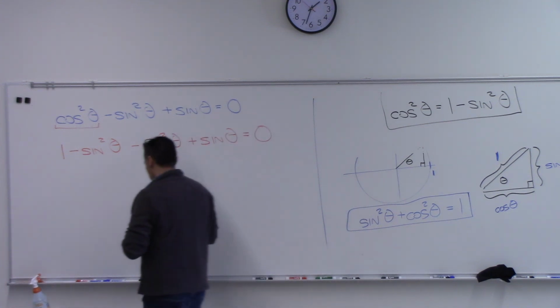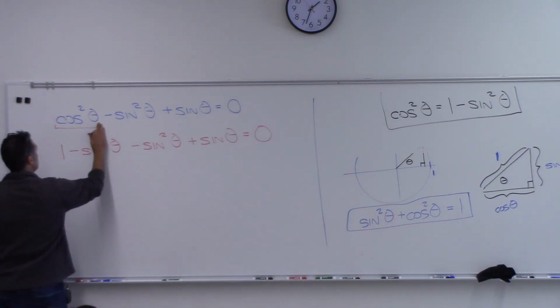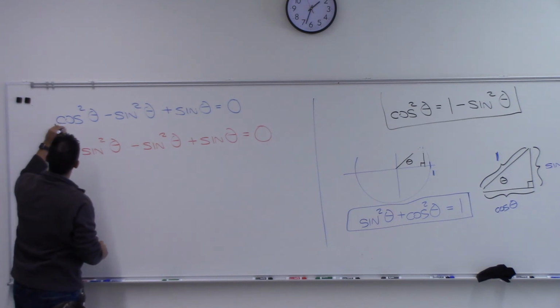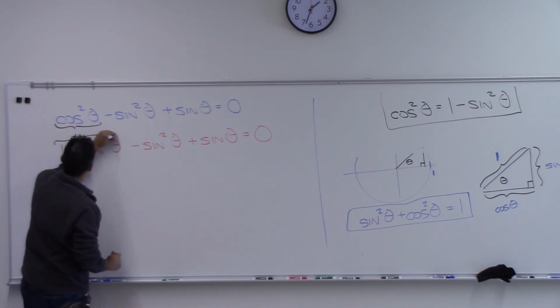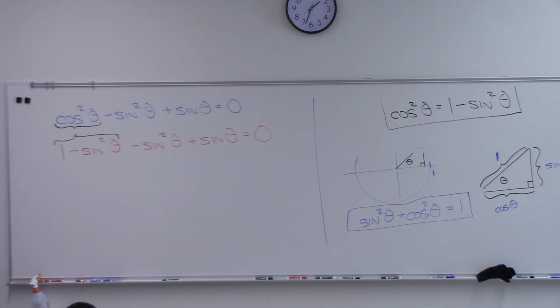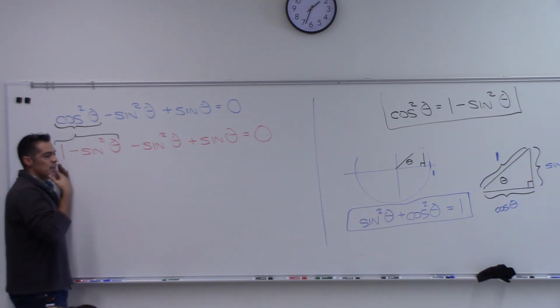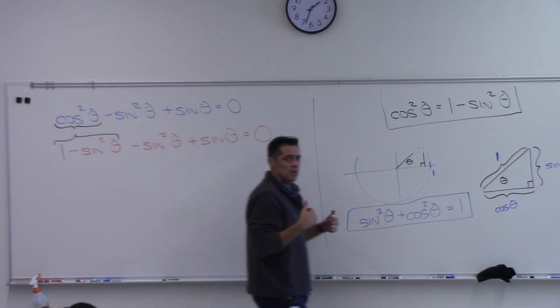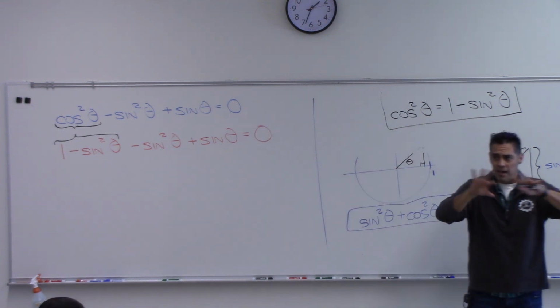This right here became these two, that became this. Now, do you see that we pretty much got rid of the cosines? All we have is stuff with sines in it, yeah?